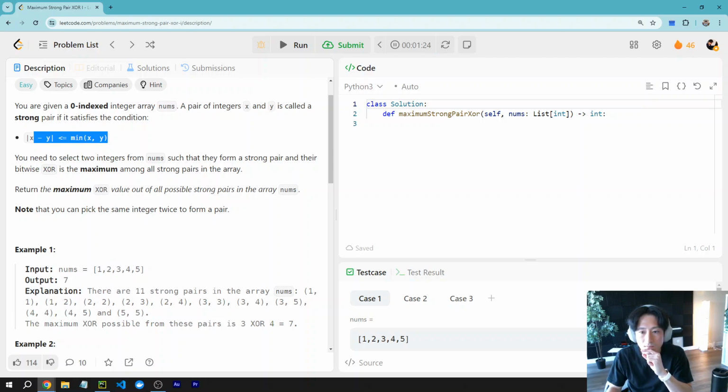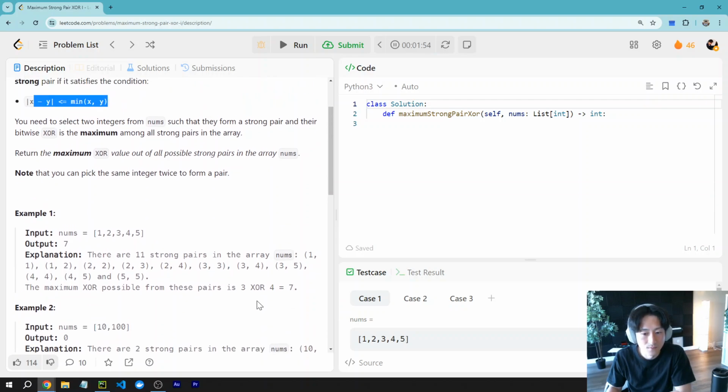The bitwise XOR between the two numbers from the pair. So 3 XOR 4 is going to be 7. Okay.